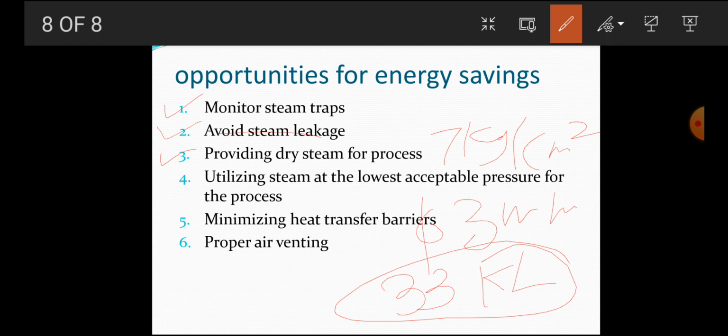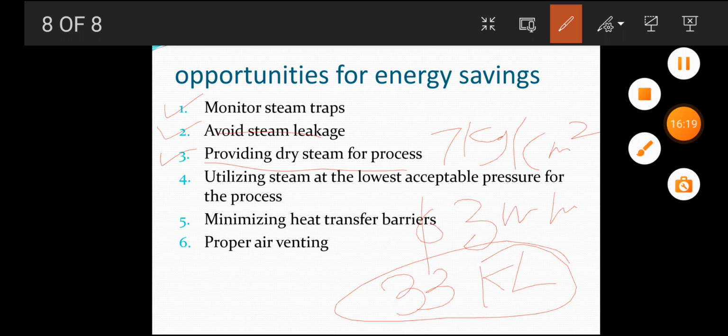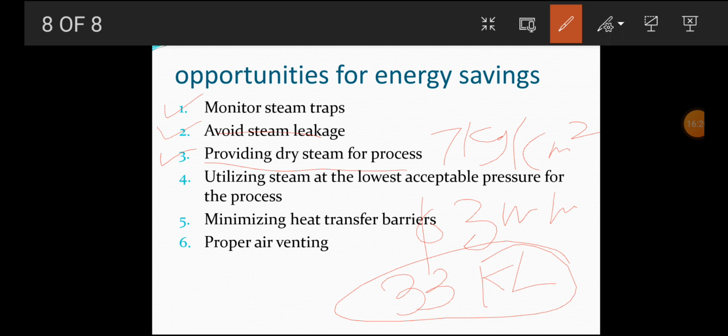Then third is providing dry steam for process. So the best steam for industrial process heating is dry saturated steam. Wet steam reduces total heat in the steam.